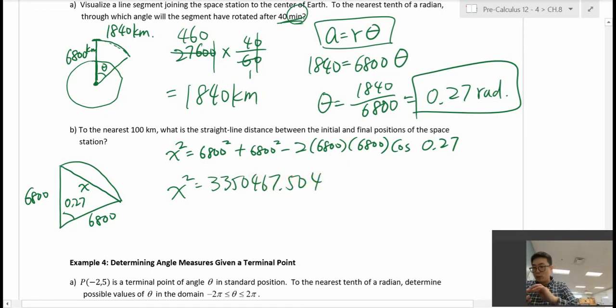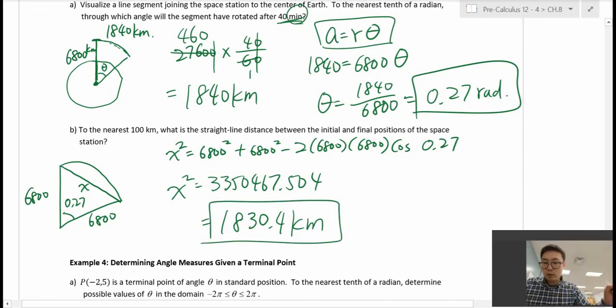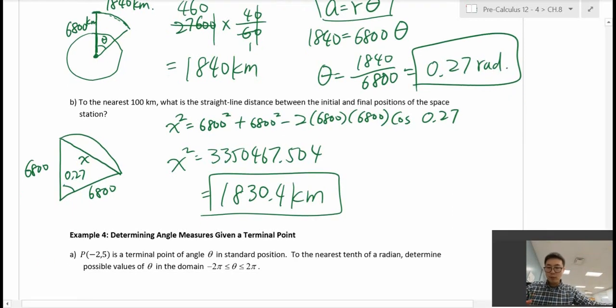And now you square root this. You should get 1830.4 kilometers. Okay, so that's the straight line distance that it traveled from one station to the other, or from the original position to the new position. So again, you need to use cosine law in this case.